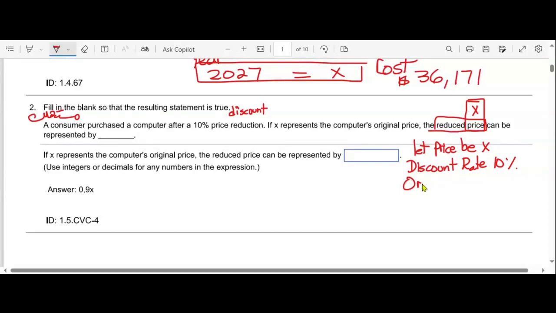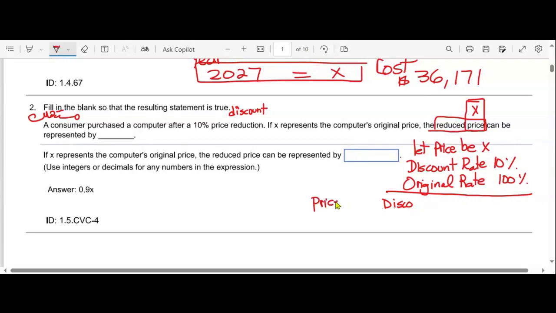And the remaining price will be 90%, which equals 0.9, out of the original 100%. Now, what is the price after discount?